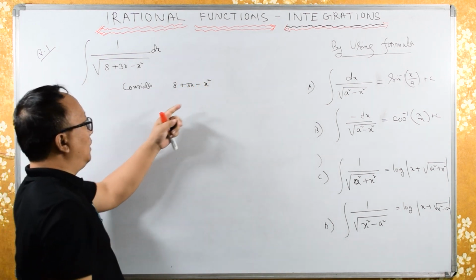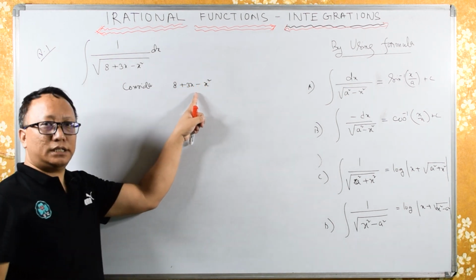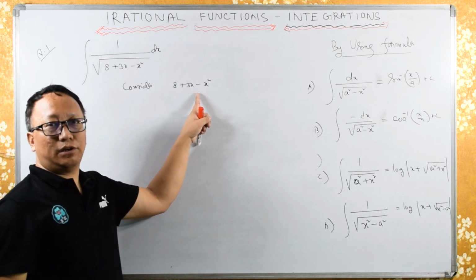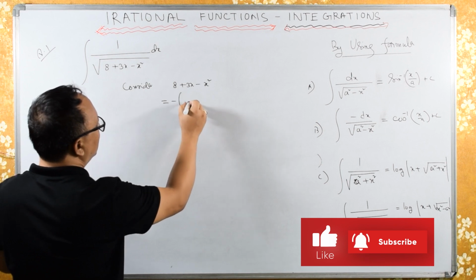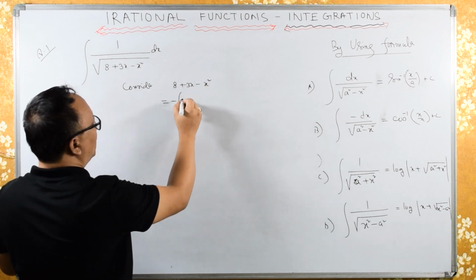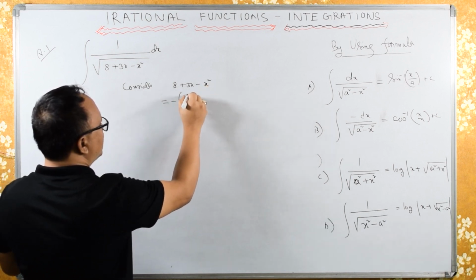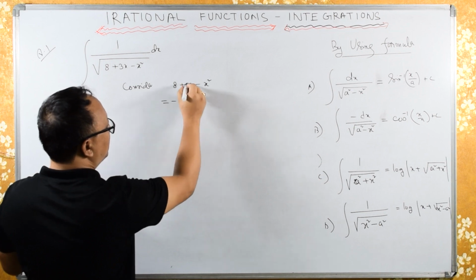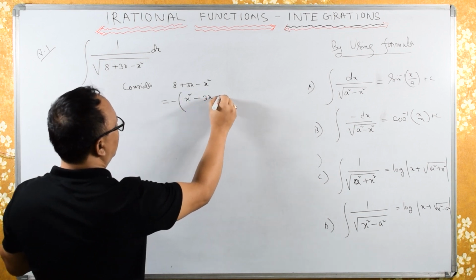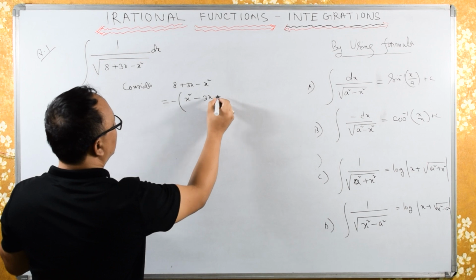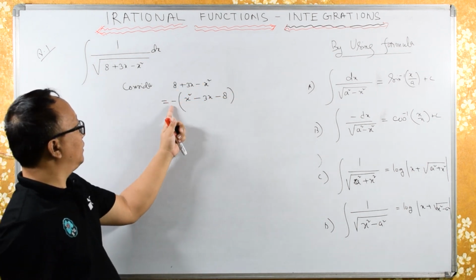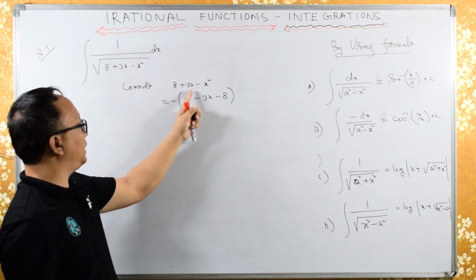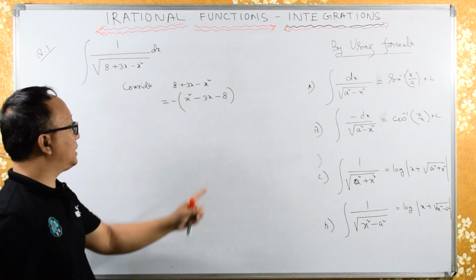Minus in front of x square doesn't look nice, so I can take minus common from the whole. Then I will have minus of x square minus 3x minus 8.